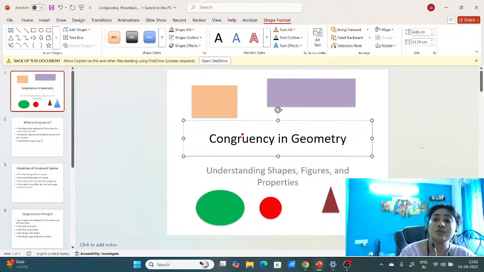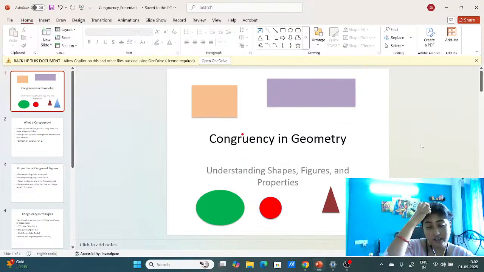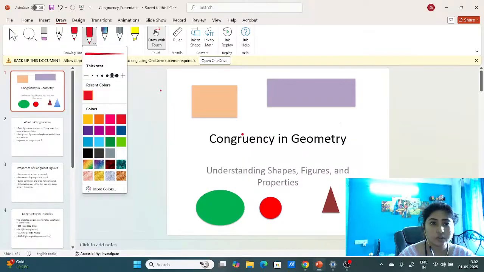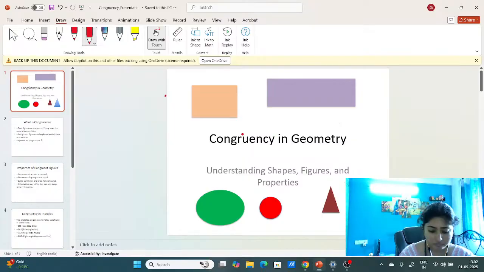What you can see on my screen, I think you can see various shapes, right? So if I ask you, what about these two figures?